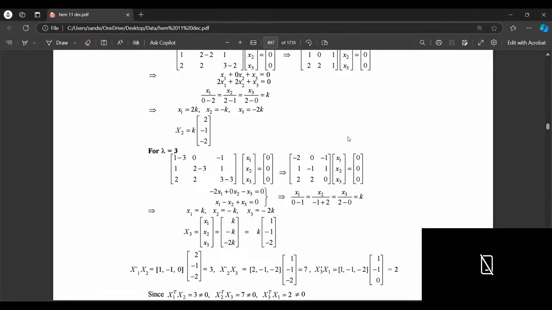The third eigenvector is 1, minus 1, minus 2.